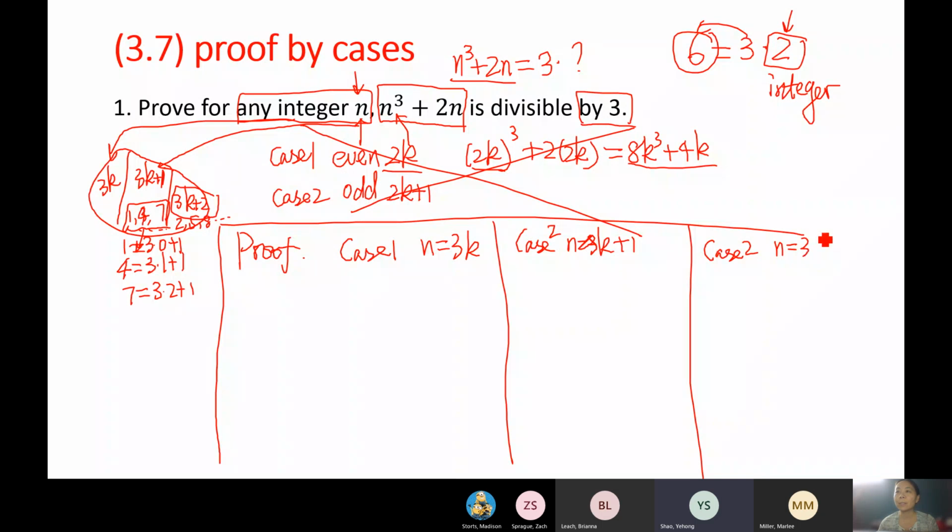I forgot who made that mistake, but for the first case, when we replace n with 3k, we could distribute the exponent to each factor in the base because it's multiplication. So we could do 3 to the third, 27, k to the third, plus 6k.